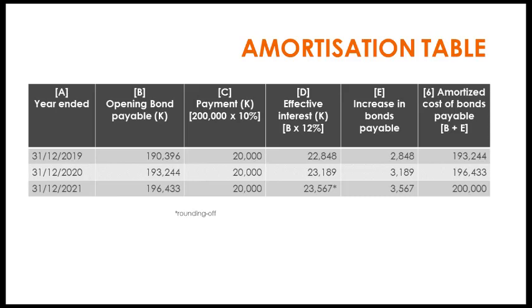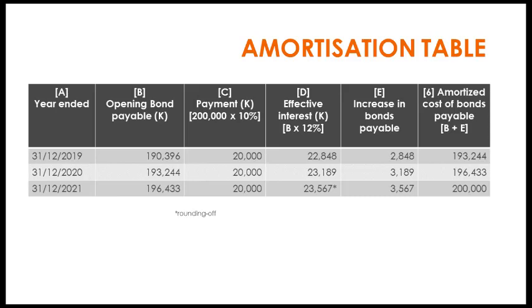Alright, let us look into the amortization table for bond payable. Okay, so we have the years, and then we have the opening bond payable, that is 190,396 kina, and then the interest payment will be, of course, based on the coupon rate. So the face value of the bond, 200,000 kina, multiplied by 10%. So every year you have to pay 20,000 kina. As an issuer of the bond, you are required to pay the interest.